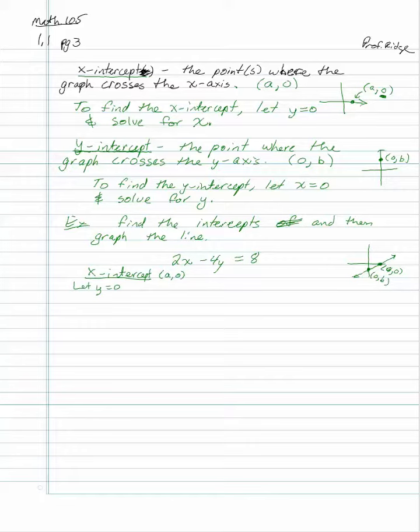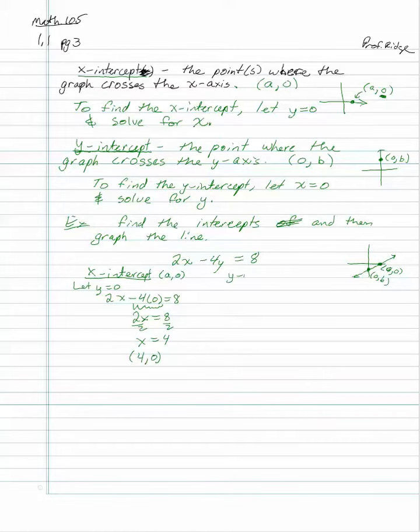So we're going to put 0 in for y. And then this part is 0 and it just goes away, so I just ignore it and then I just see 2x equals 8. Then you divide both sides by 2, so x equals 4. So the point is going to be (4, 0).